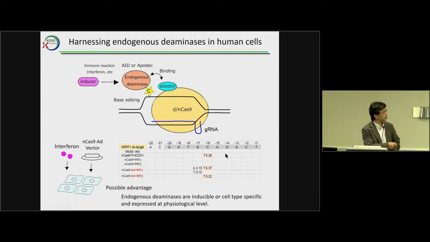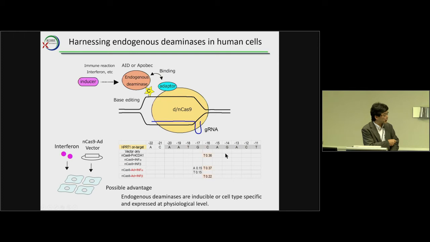So in addition to making fusion proteins, you can utilize endogenous AID. This result shows that. In addition to this vector system, adenovirus vector Cas9 systems, we added the interferon to induce the AID.